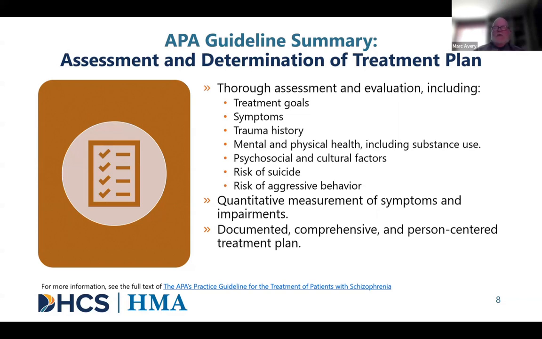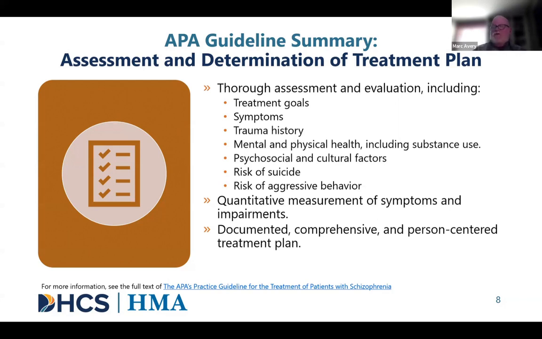You can't get anywhere if you don't know where you're starting, and it is very important that persons with all behavioral health conditions, and especially a complex condition like schizophrenia, start with a comprehensive psychosocial assessment that includes behavioral health information, psychosocial information, medical information, substance use information, community housing information, vocational information, and other sources of information. So understanding the person fully at the outset is very important.